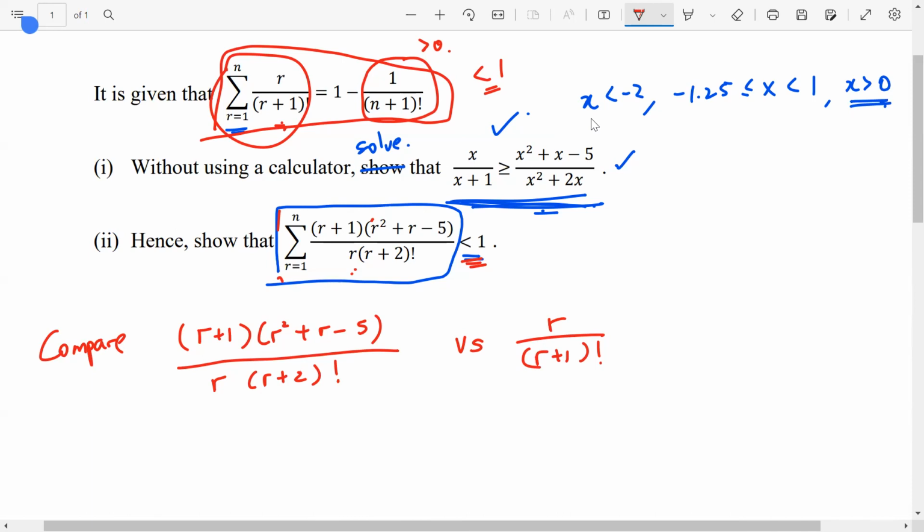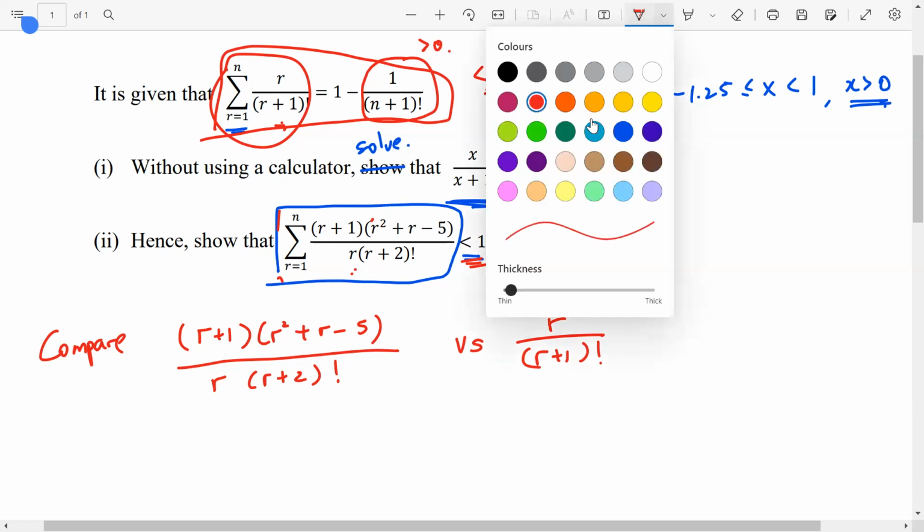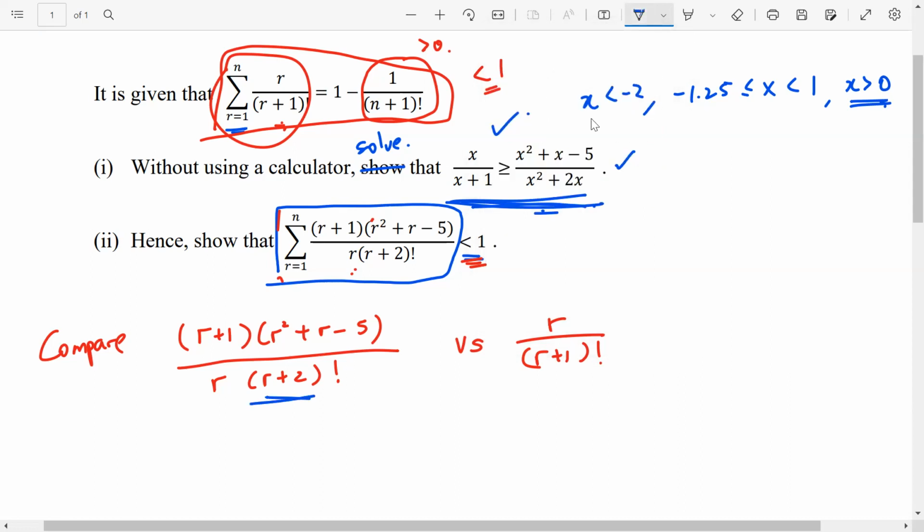Now, when you want to do comparison, we try to eliminate those that are the same on both sides. So what happens here first is that I'm going to convert this (r+2) factorial into (r+1) factorial times (r+2).